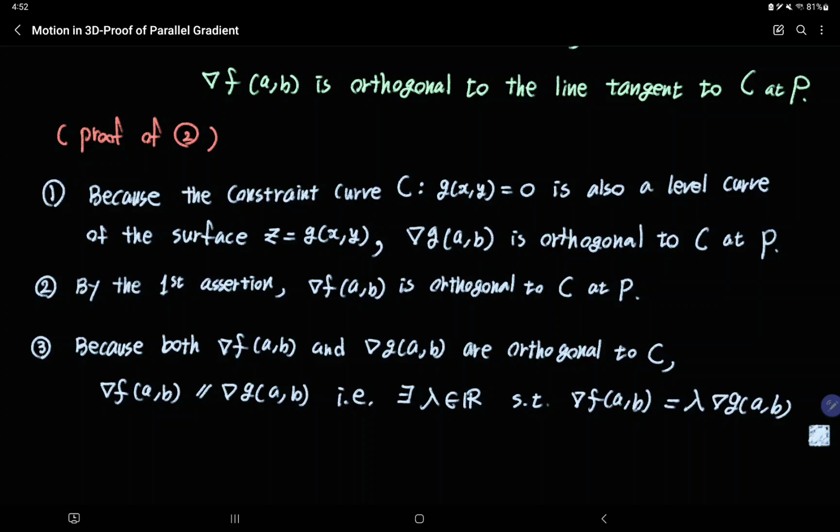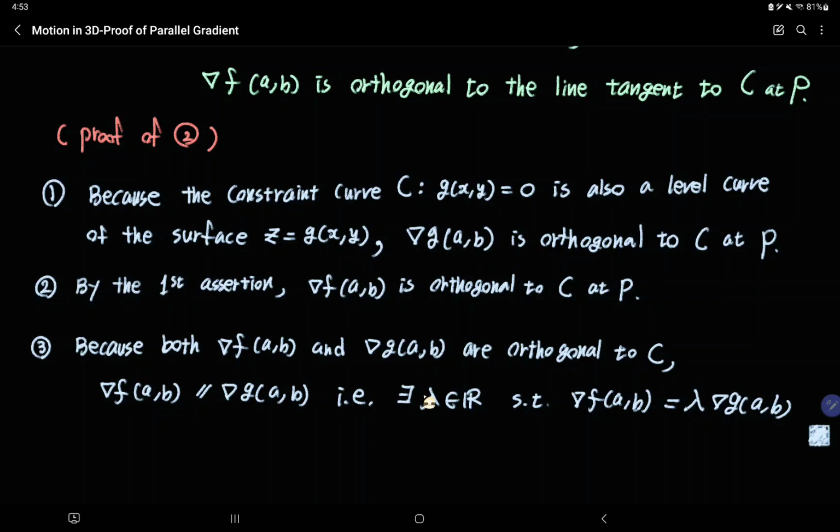Because the constraint curve C is also a level curve of the surface z = g(x, y), gradient g at (a, b), at P, is orthogonal to C. By the first assertion, gradient f is orthogonal to C at P. These two vectors are orthogonal to the same curve C at P, which means they must be parallel.